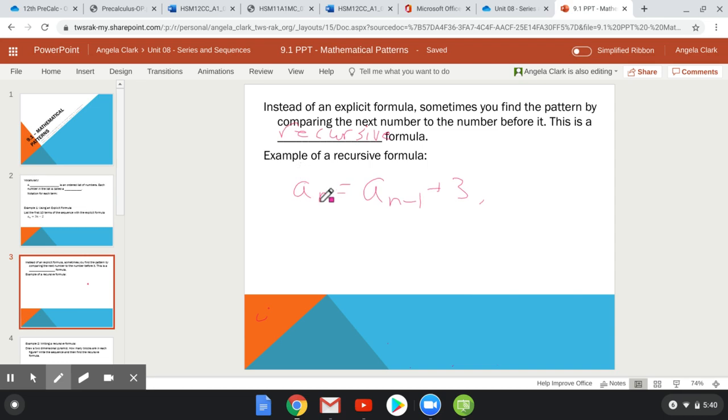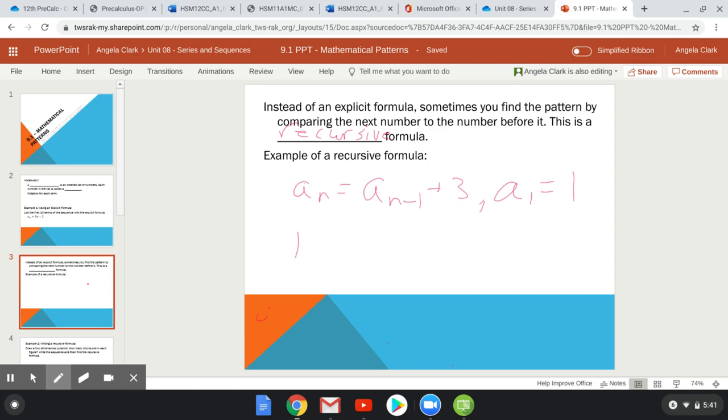The new term is the old term plus 3, and in order to use this, I have to know one of the terms. So I could be given this and the fact that A1 was 1. Then I would be able to find the same information we found on the last slide. I'll say, okay, 1 plus 3 is 4.